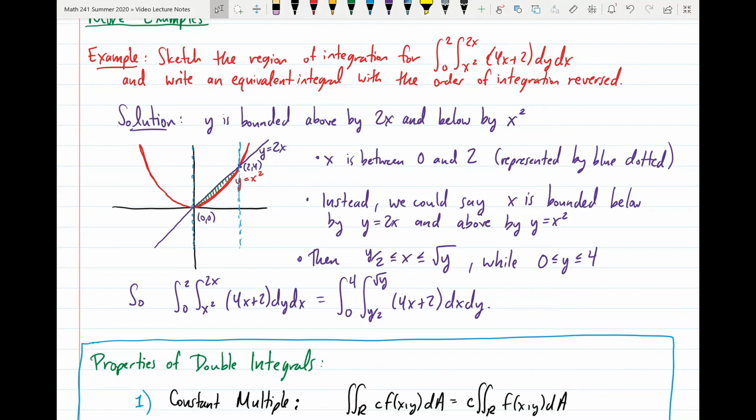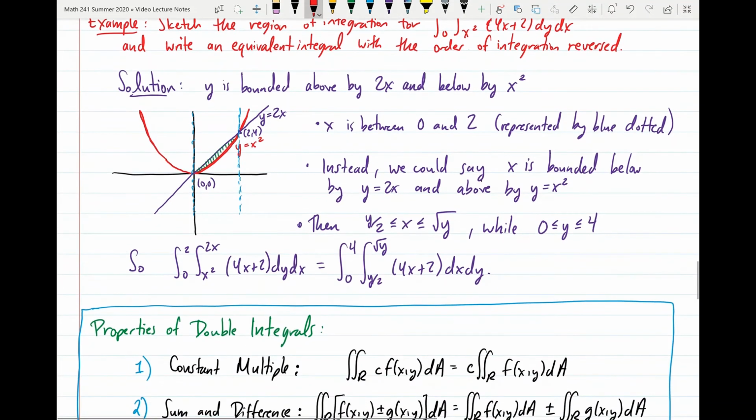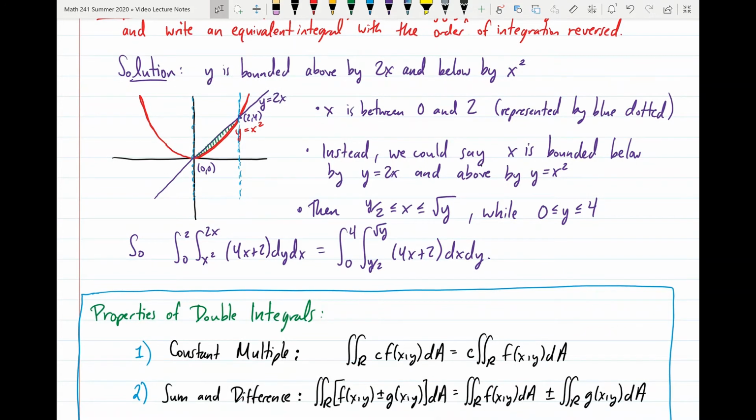And then we know that x is going to be between 0 and 2, so I can draw x equals 0 with a blue dotted line, and x equals 2 with a blue dotted line, and then we look at the region that is bounded by all of the things that I've just drawn, and so that's that kind of banana looking region that I have there.